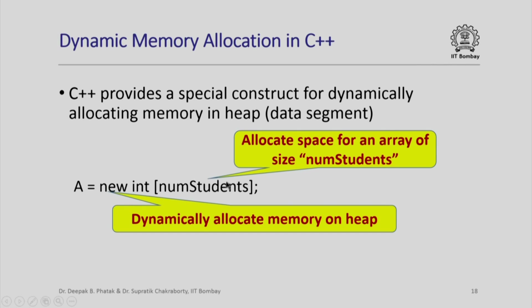Here, by using these square brackets and by putting numStudents in between, I am basically saying allocate space for an array. These square brackets denote an array, and what is the size of the array? That is the value of numStudents, and each element in that array is going to be an integer. So this is the construct that I am going to use, basically dynamically allocate an array of size numStudents where each element in the array is an integer.